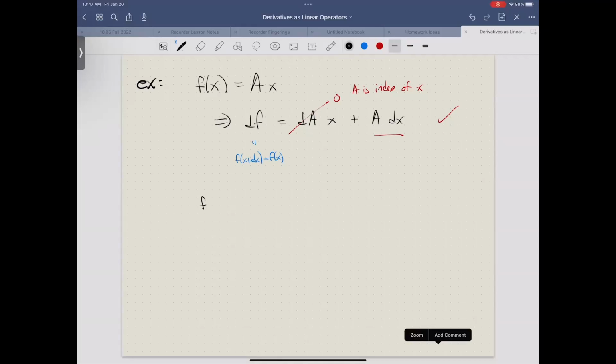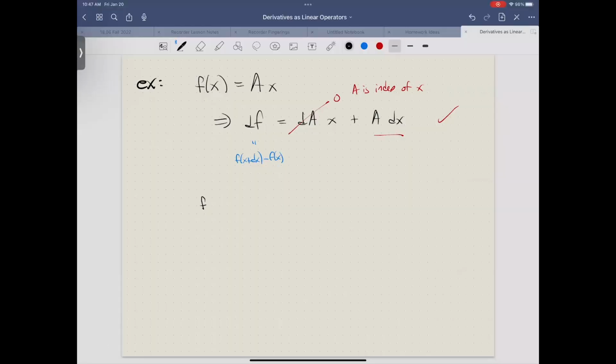Let me ask the class, and not you, Stephen. What 0 is this? I think that might be useful to think about. Can someone tell me exactly which 0? Shape of 0. Is it an m-dimensional column vector? No, I don't think so. A is m cross n. So what is dA? It's an m by n matrix of zeros.